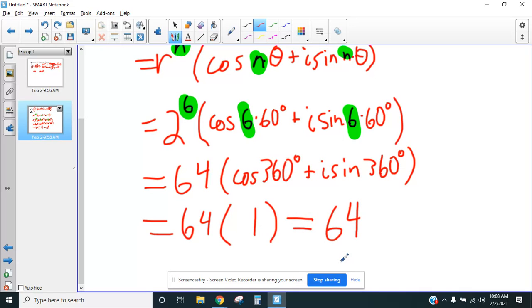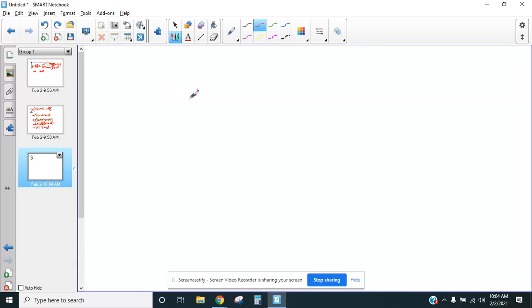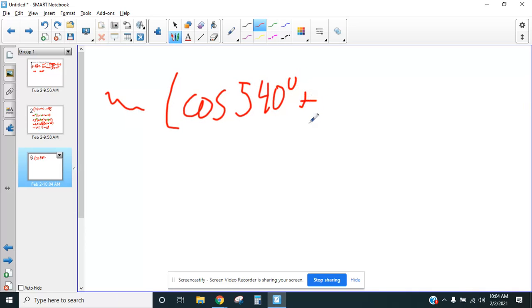Whew. Now, if you need help converting some of these angles into something that you can find on the unit circle, I can help you with that. Let me help you with one thing. Let's say you did part of the work and then one of your angles ends up being like 540. 540 is not on the unit circle. It's a full trip around and then something else.